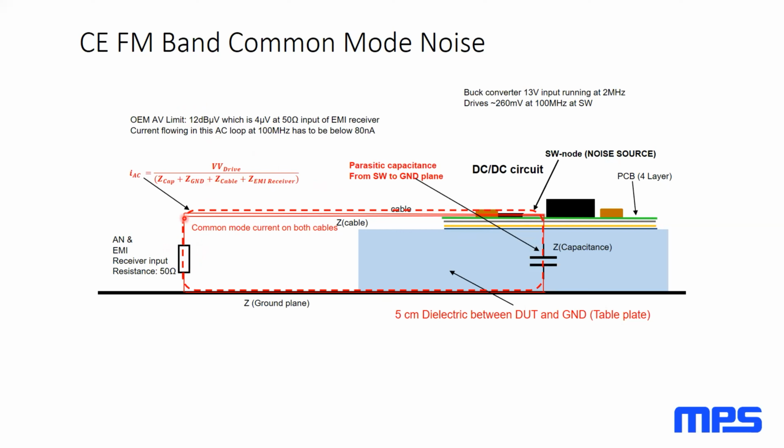So if we have that kind of energy that's making it this way, it's not going to be good for EMC. So that's 80 nanoamps of current. The buck converter at 13 volt input at 2 megahertz, we're looking at about 260 millivolts at 100 megahertz at the switch node. So this is what we have to deal with in an effective manner to keep that from showing up.